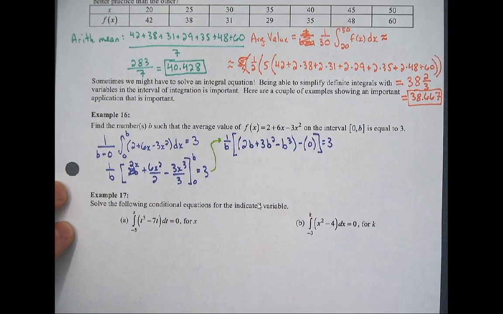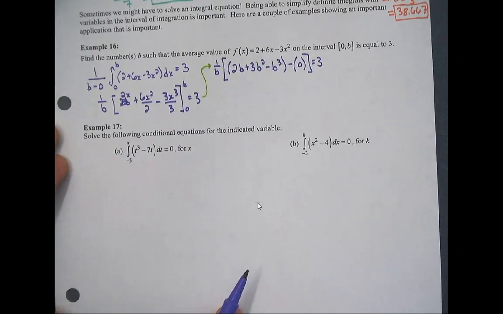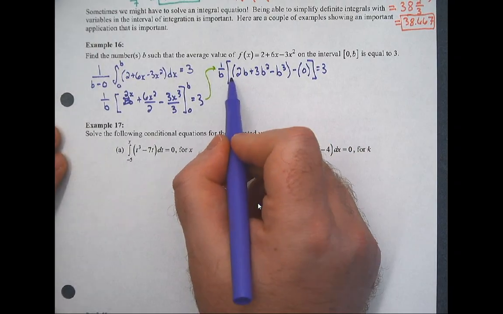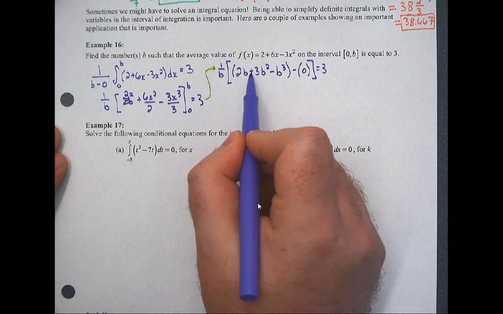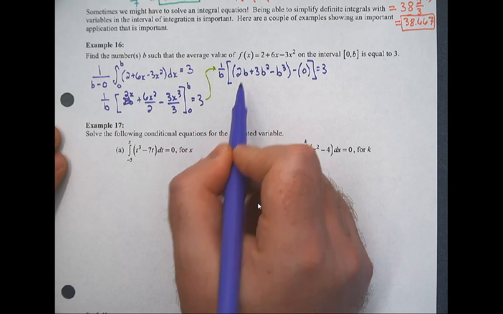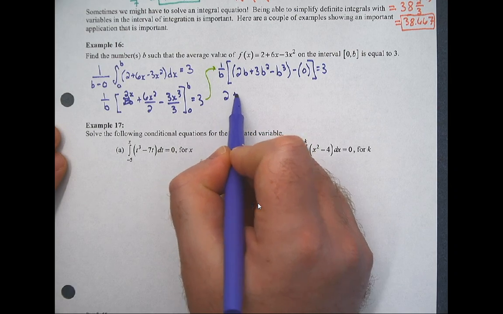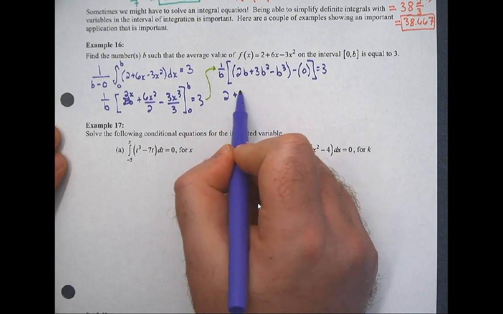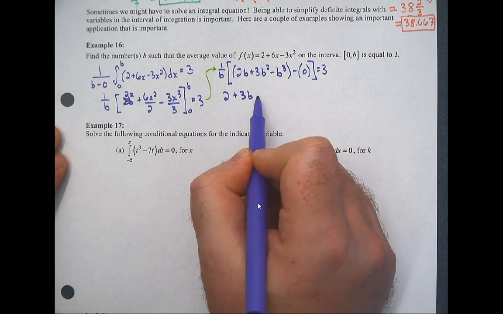This is supposed to equal 3. Try to clean it up a little bit more. I am going to distribute this in. I don't care about that 0 anymore. So 1 over b times 2b is 2. 1 over b times the next term is going to cancel out a b, and the last one is going to cancel out a b.